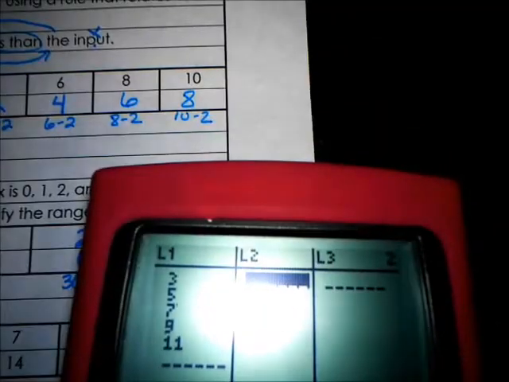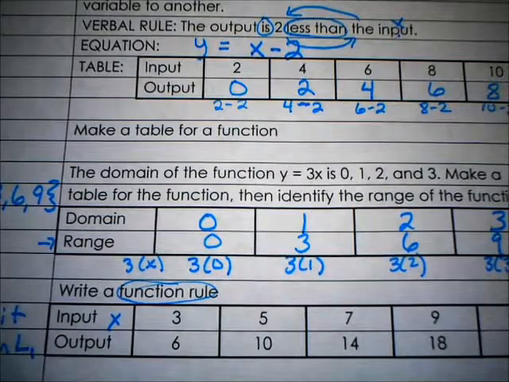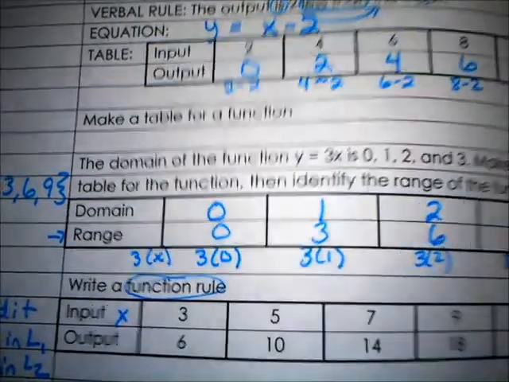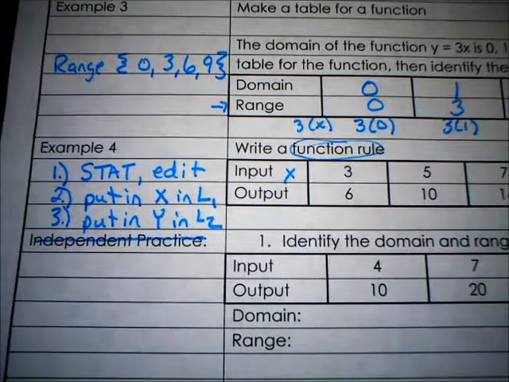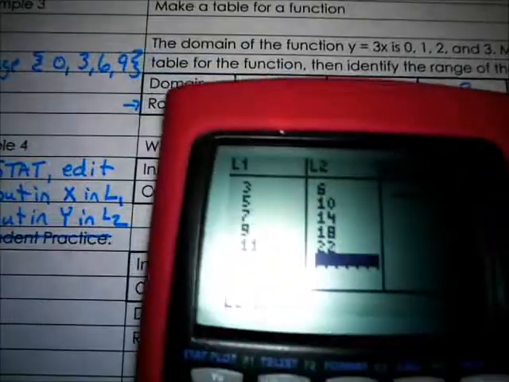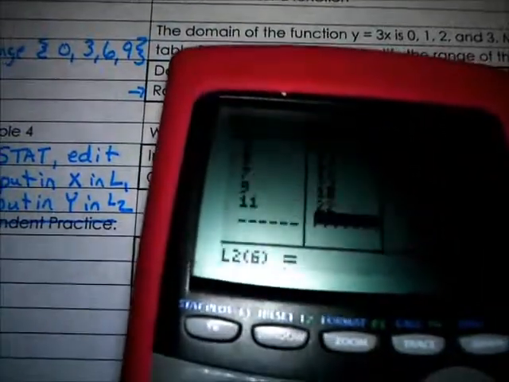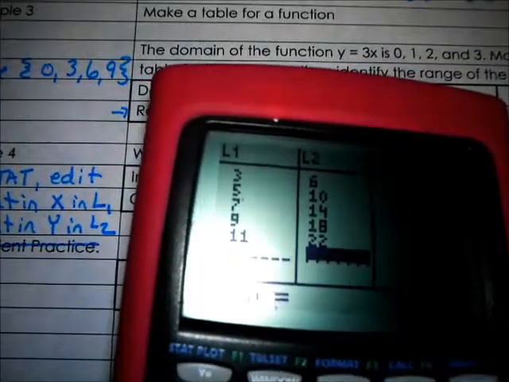I'm going to right arrow to get to my second column. Third step is to put in your y values into L2. Okay, put your y values into L2. Okay, so I have my two tables in.